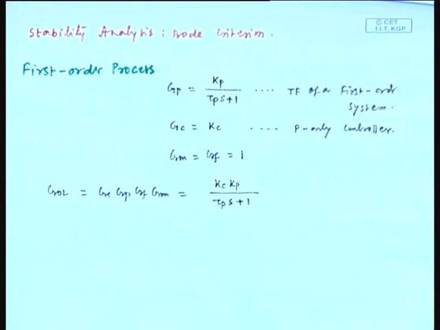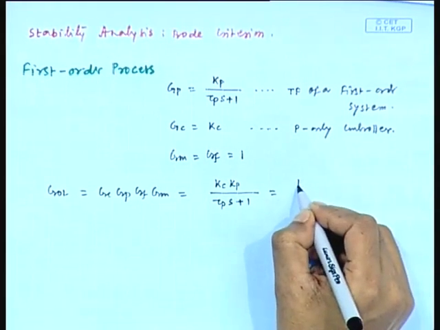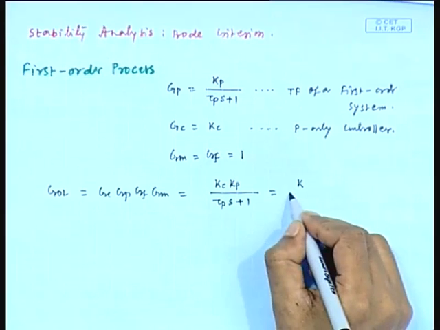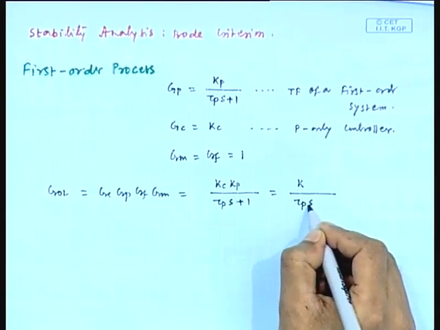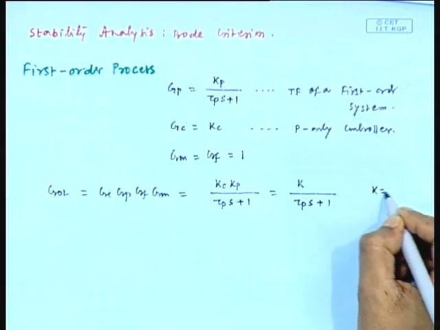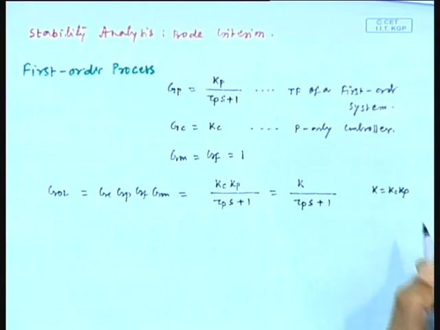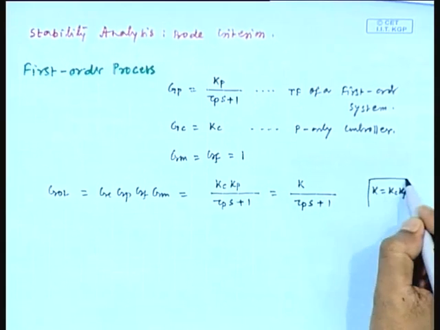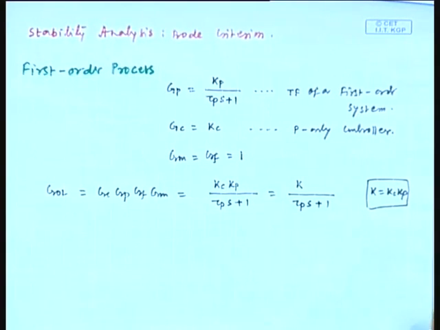And we can write this as K divided by tau Ps plus 1, where K is Kc Kp.